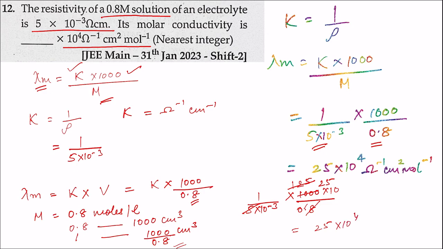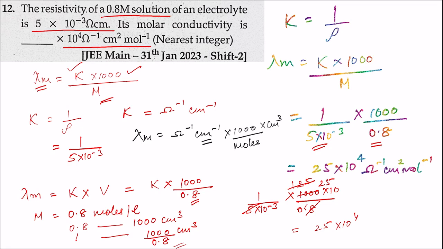Now for the units, how to find the unit? Molar conductivity is equal to conductivity. What is the unit of conductivity? Per ohm per centimeter multiplied by 1000 divided by molarity. Molarity here is in moles per centimeter cube, since the unit of length is in centimeter. So here it will be moles, and in the numerator this will be centimeter cube.